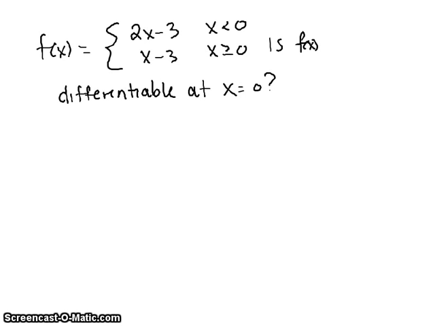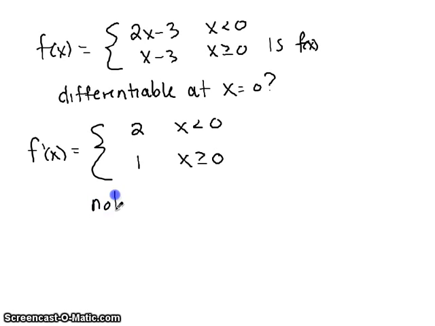So if we think about the derivative, f prime of x, the derivative on the top part is 2, and the derivative on the bottom part is 1. So if our derivatives are not the same thing at x equals 0, then our function is not differentiable. So we have a slope of 2 and a slope of 1.